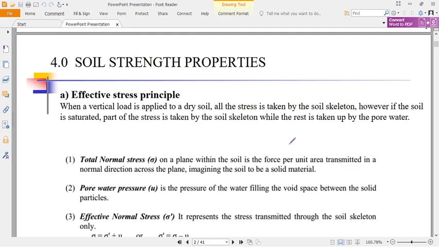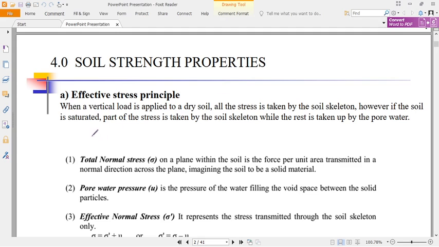Is that okay? So a material offers a reaction against an action. A soil does the same. It offers a reaction. In order to offer that reaction, it should have particles which are strong enough to carry this stress or this action.